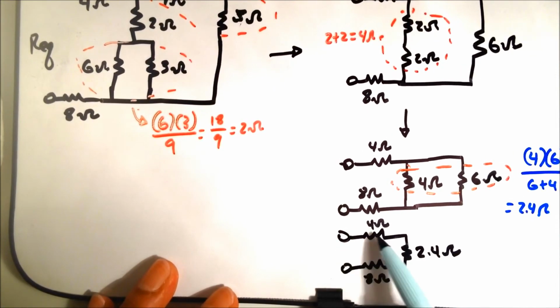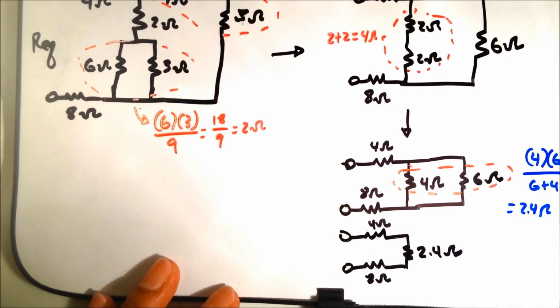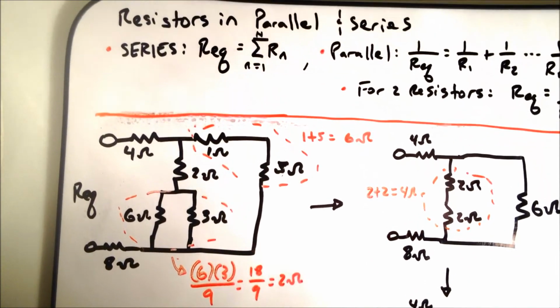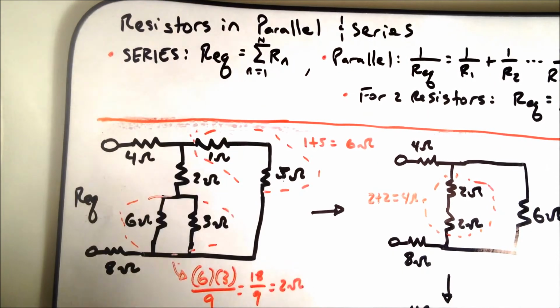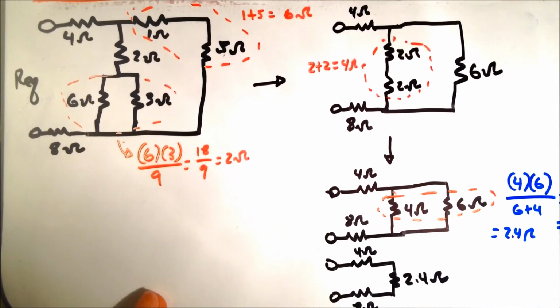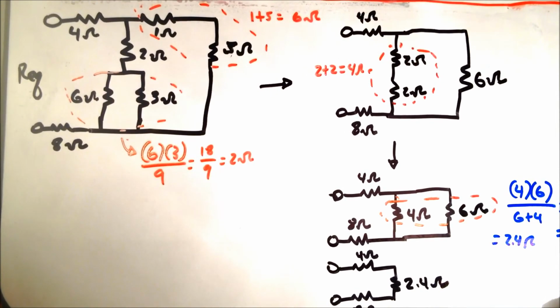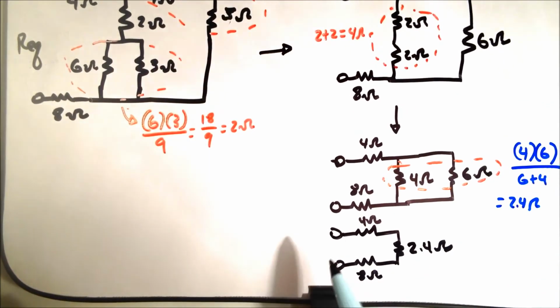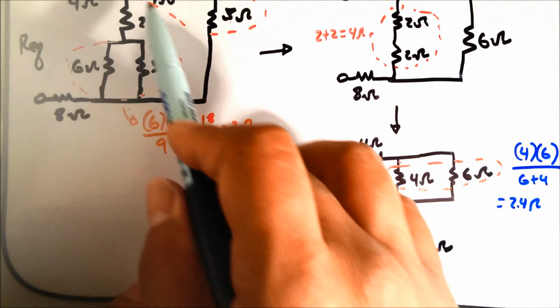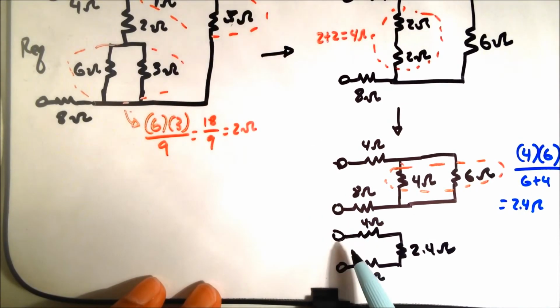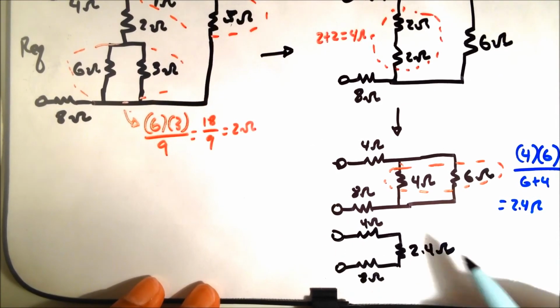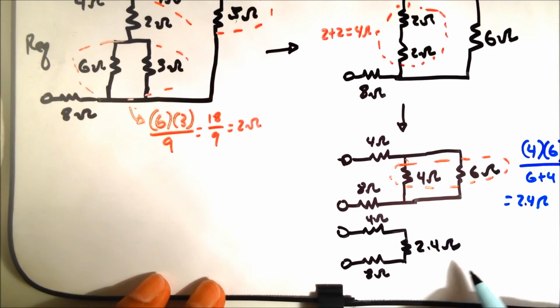Take a look. Now we have all 3 of these resistors in series. And as we noted up top, for resistors in series, we just add them all up. So to find the equivalent resistance of this whole network, we're down to just these 3 components in series, so we're going to add these up.